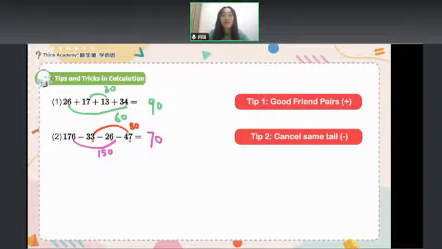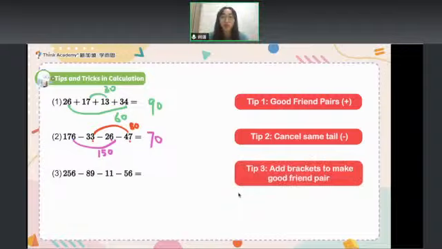So you see that this is also another way, that is, when you find the good friend pairs in subtraction, what should we do? Try to find a plastic bag to throw them together. Okay, so following this for number 3, this is also very similar to the minus 33, minus 47 one. We try to add brackets to make good friend pairs.